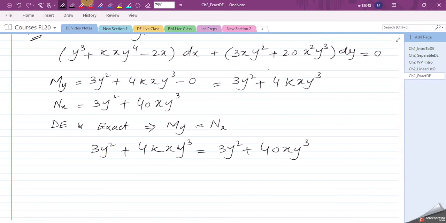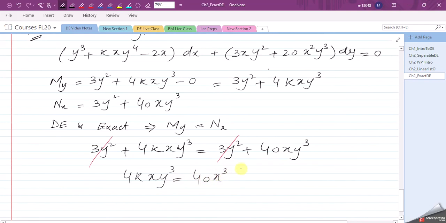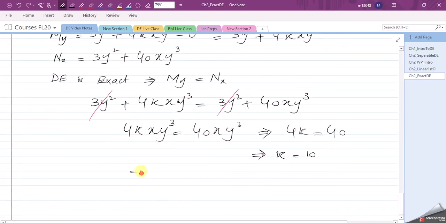Very easy. We can see that this will cancel with this and we are left with 4kxy cube equals 40 xy cube. That means 4k equals 40, k equals 10.